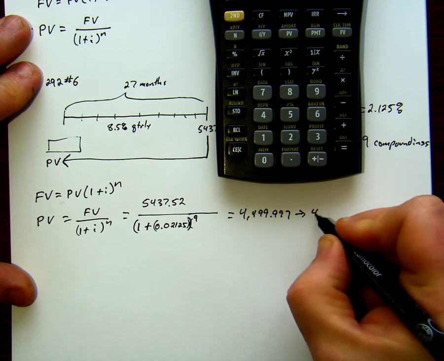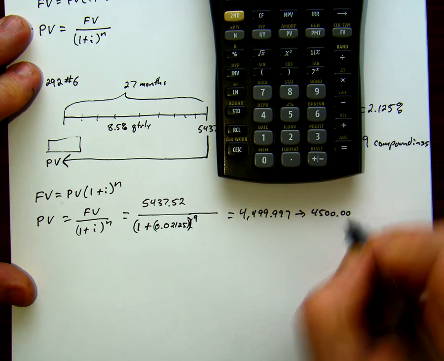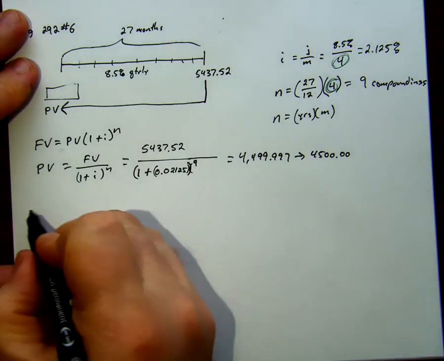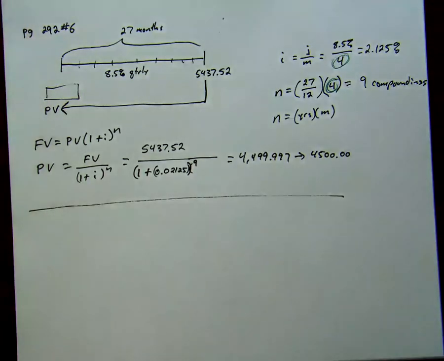That gives $4,499.997, so $4,500. Now again, we want the calculator to do the work. So ignore the formula and we just do the stuff that we did before.